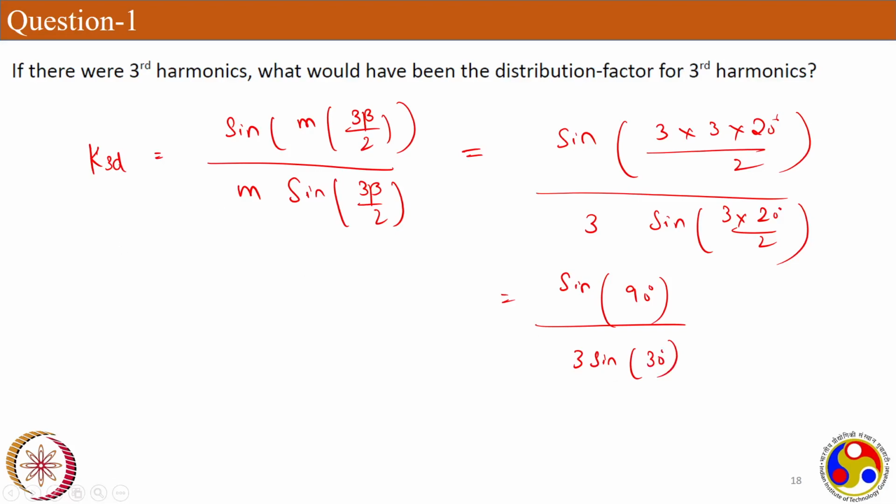Sine 90 is 1, divided by 3 sine 30. The answer is 0.666. That is the distribution factor for the third harmonic.